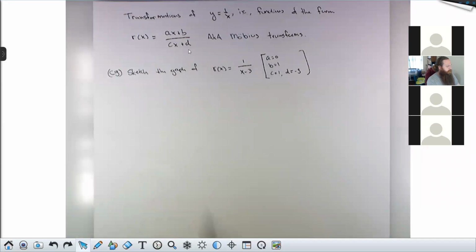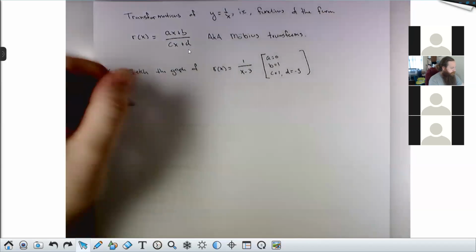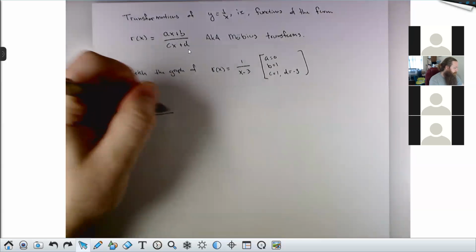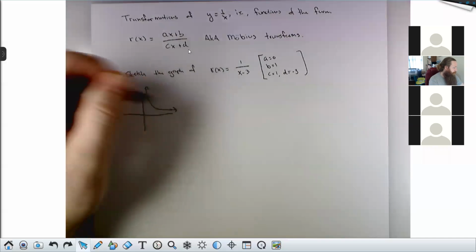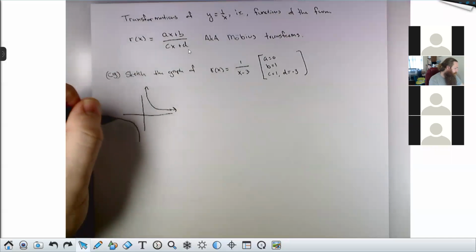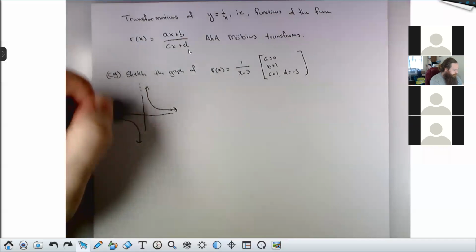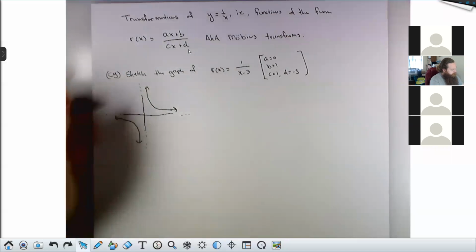What sort of transformations do I need to apply to 1 over x in order to get this thing? Remind you, here's the graph of 1 over x. This shape has a name, by the way, it's called a hyperbola. Here are the asymptotes. Got a few points.